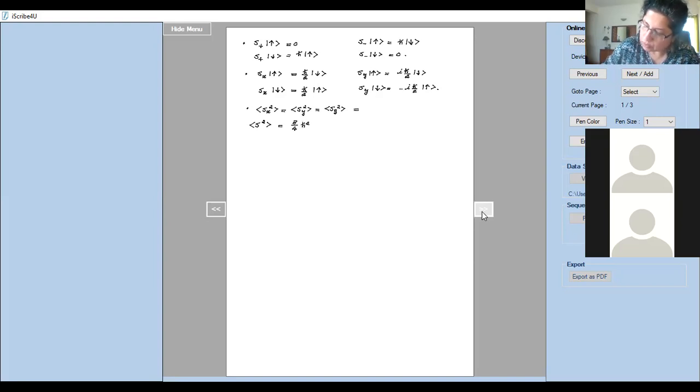So this is going to be 1/4 ħ squared each, because expectation value of S squared, of course, is going to be expectation value of Sx squared plus expectation value of Sy squared plus expectation value of Sz squared. Okay, so this is another important thing to remember.